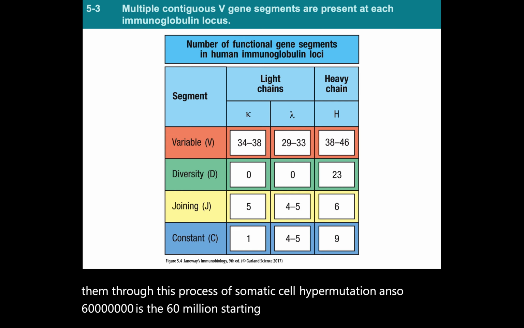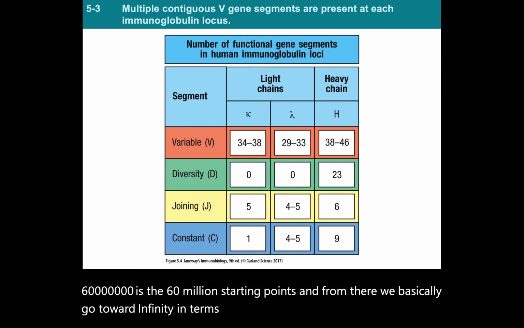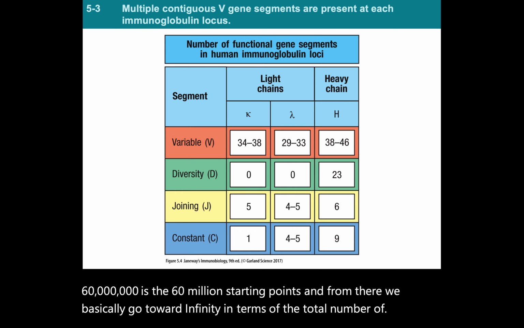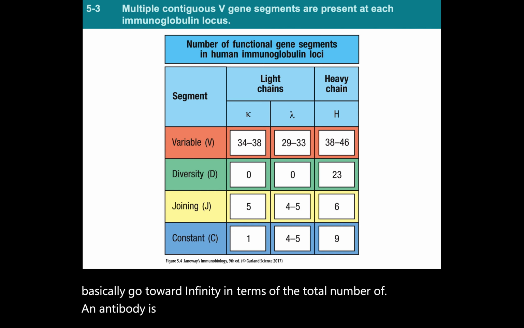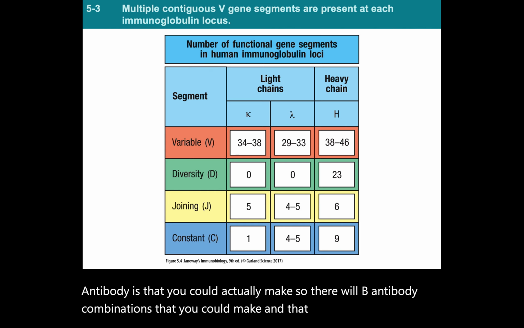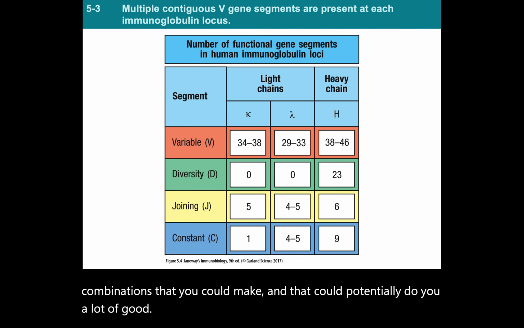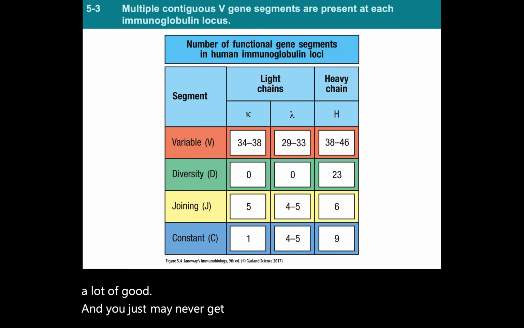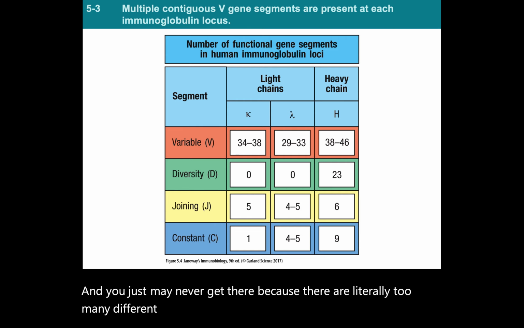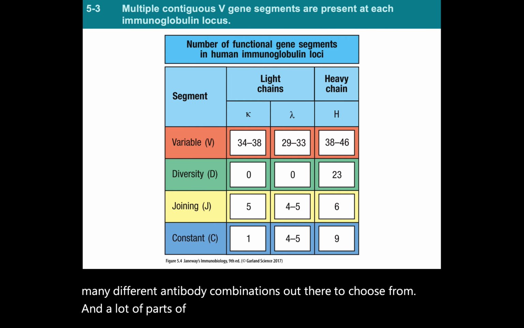And from there, we basically go toward infinity in terms of the total number of antibodies that you could actually make. So there will be antibody combinations that you could make and that could potentially do you a lot of good. And you just may never get there because there are literally too many different antibody combinations out there to choose from. And a lot of parts of the process seem to be fairly random. So that's kind of the way it works.